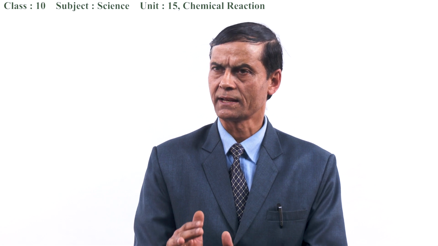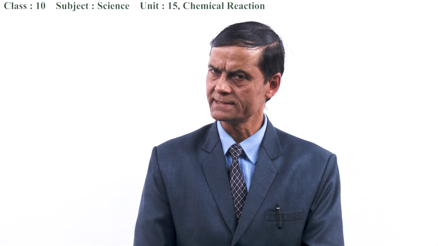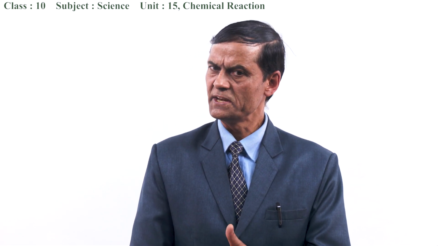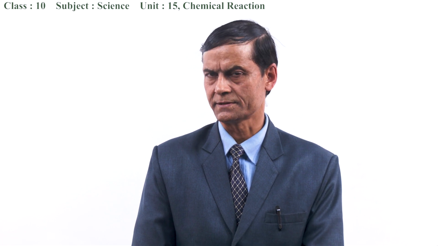A chemical equation has two sides, reactant and product. So after writing a chemical equation, we have to balance it, isn't it? Left hand side and right hand side, or reactant and product, must be balanced. Together with that, we have discussed the various symbols used while writing chemical equations.